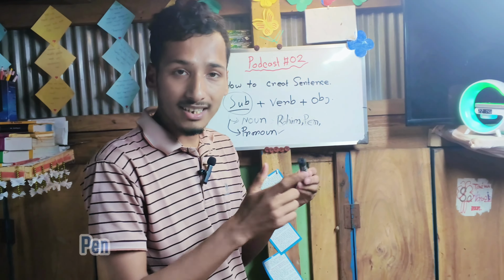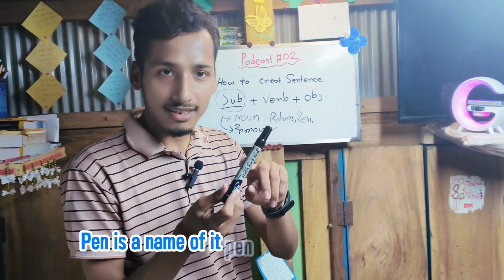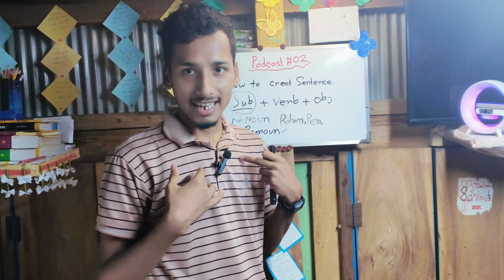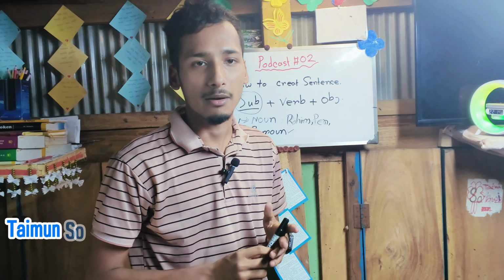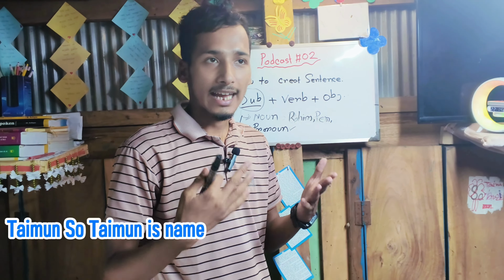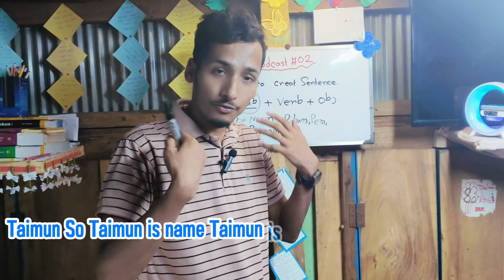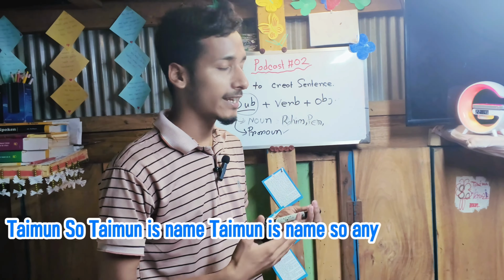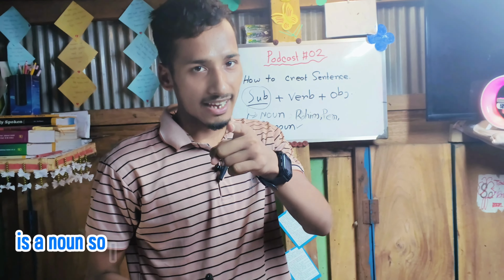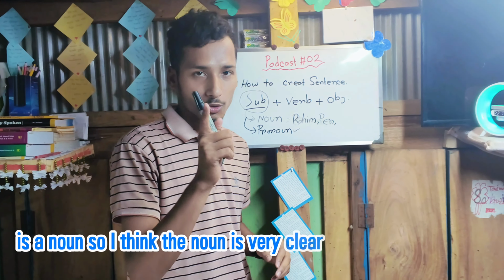Because pen is the name of it. And me, I am Timon. So Timon is a noun. Why? Because Timon is the name of this body. So anything that has a name is a noun. I think the noun is very clear to all of you.